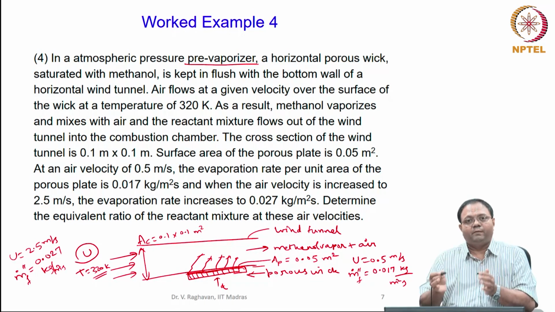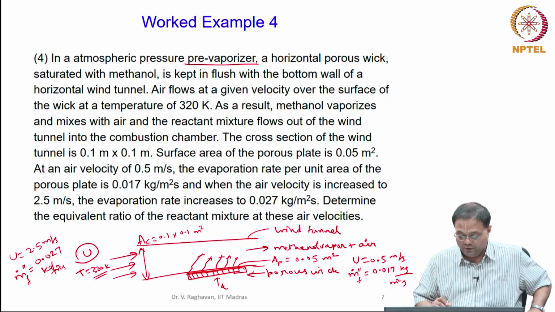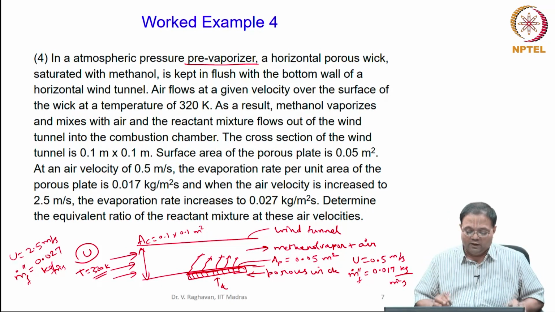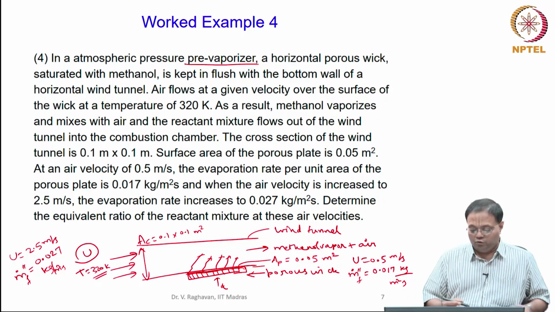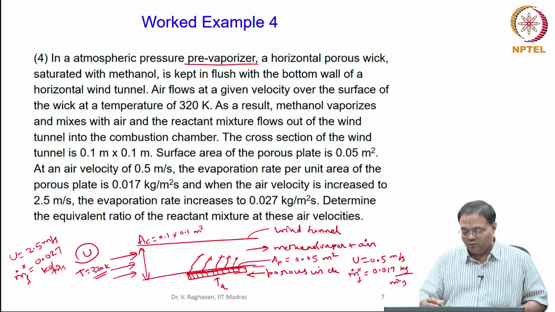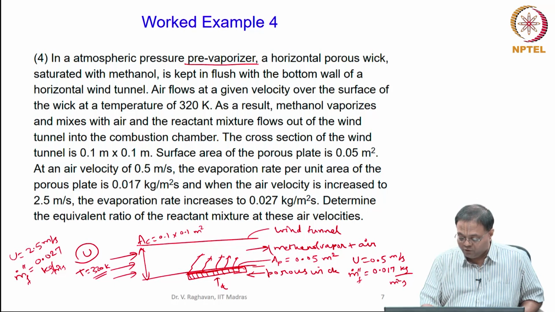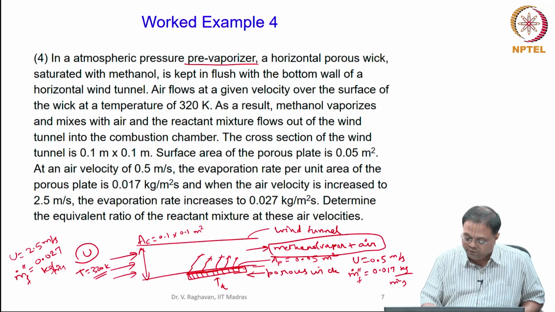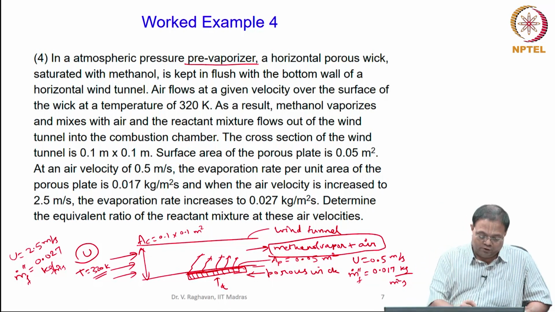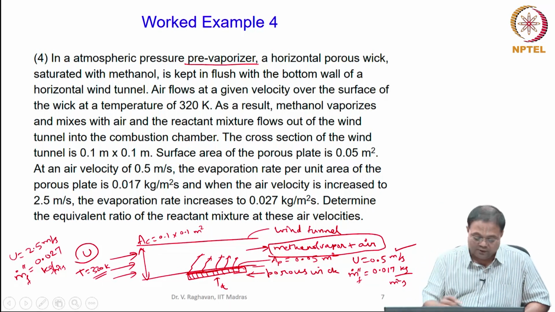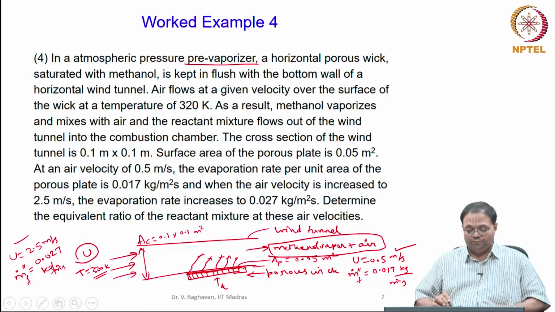So kg per second per meter square, that is the evaporative flux. Now determine the equivalence ratio of the reactant mixtures at these velocities. So the evaporation takes place, and what is the equivalence ratio of the mixture? Methanol vapor and air come out of the wind tunnel and go into the combustion chamber. What is the equivalence ratio at these two velocities, 0.5 meter per second and 2.5 meter per second? So this is the problem.